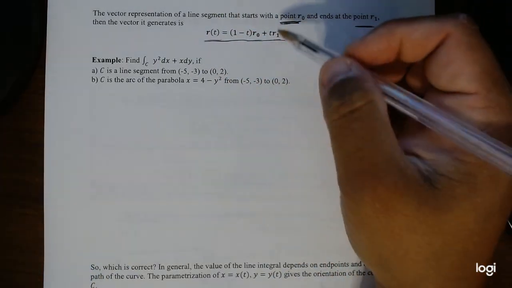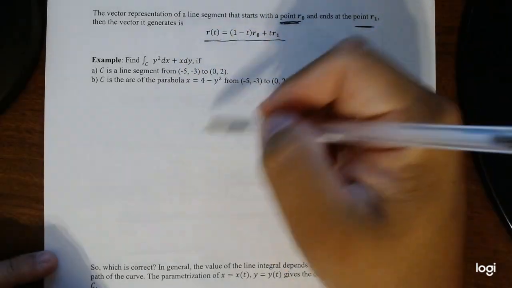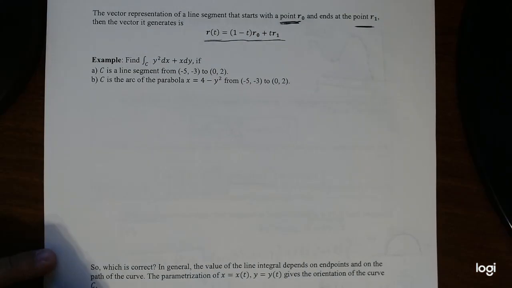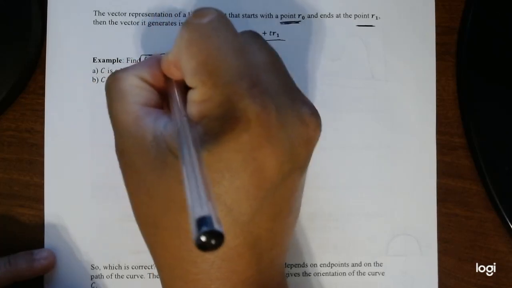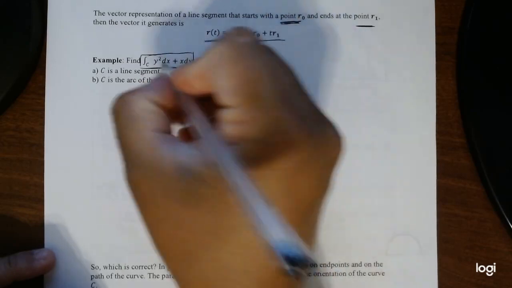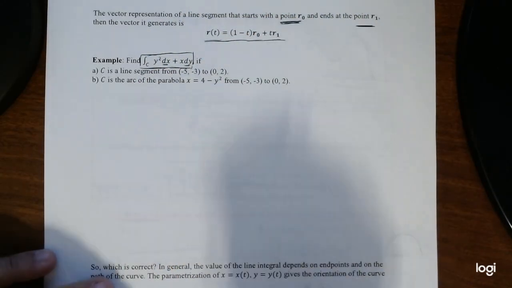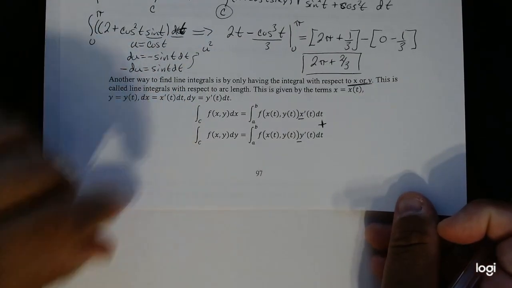All right. So after all of that, how do we use that information to break it down? Let's suppose we want to find the line integral of y squared dx plus x dy. Here's a fun little fact. Whenever you're looking for this kind of thing, you want to look for the line integral of this function, and notice it has dx and dy. That's when you know we're going to be doing this kind of stuff.